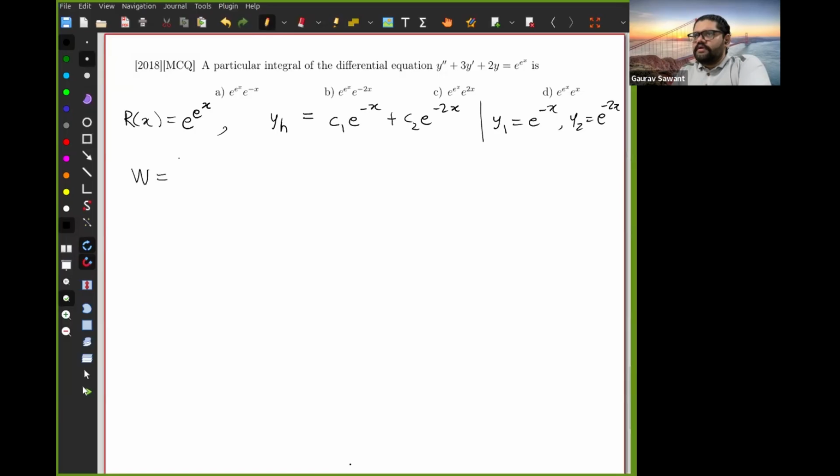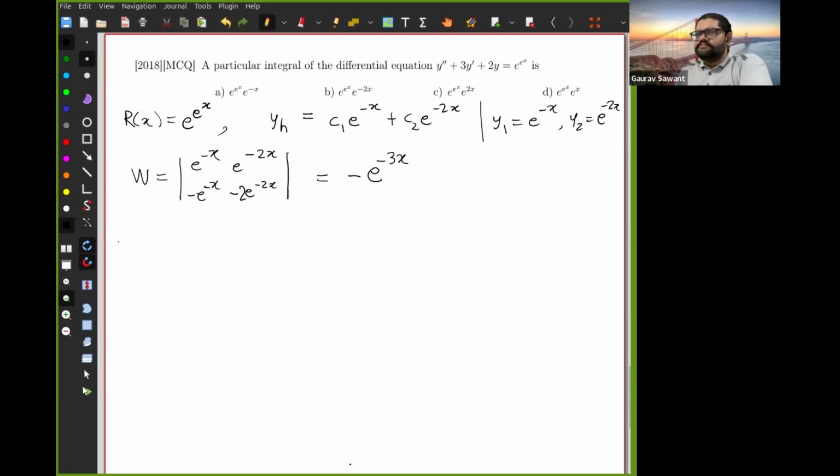Correspondingly, my w is the determinant of e power minus x, e power minus 2x, minus e power minus x, minus 2 e power minus 2x. That turns out to be minus 2 plus 1, so minus e power minus 3x.